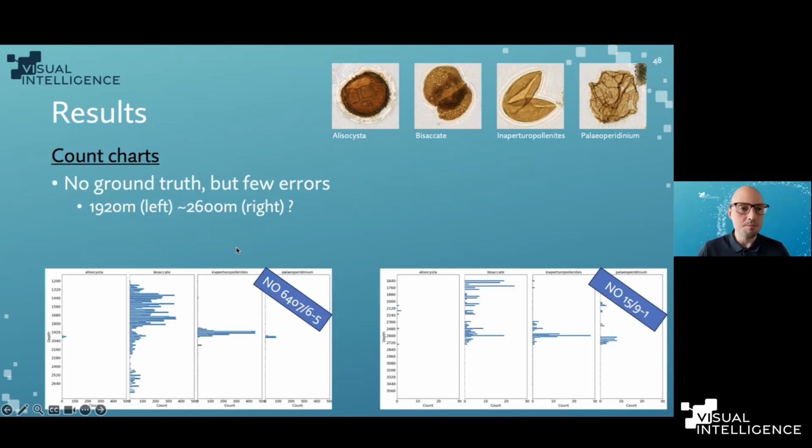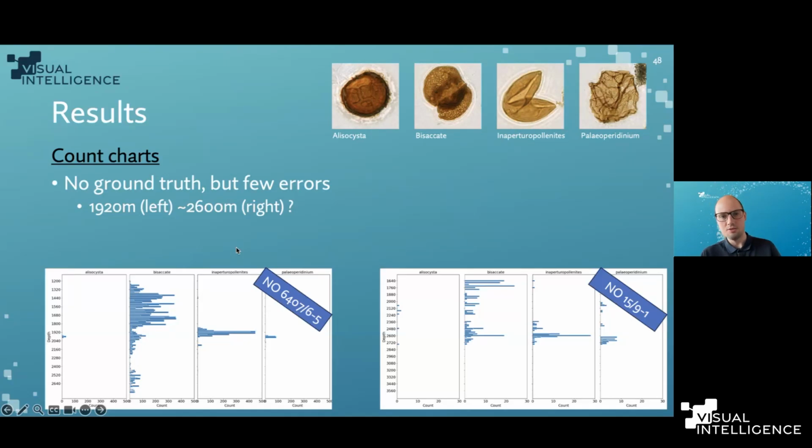Yeah, so we use this to create these count charts of species distributions for 2 different wells. We do not have any ground truth for these distributions, but you know from the evaluation in the last slide that the set should contain very few errors.